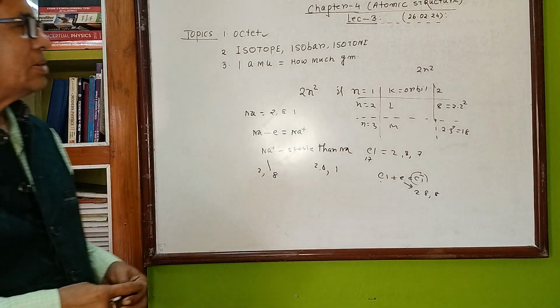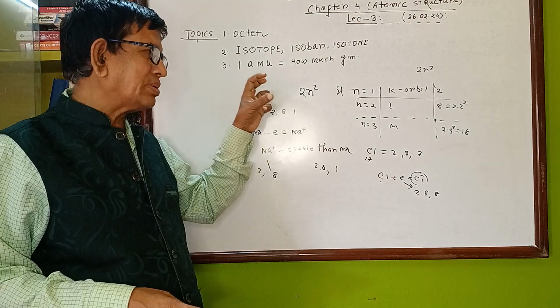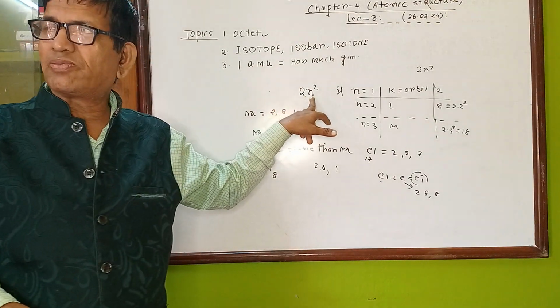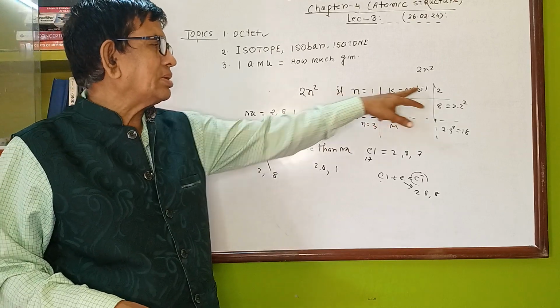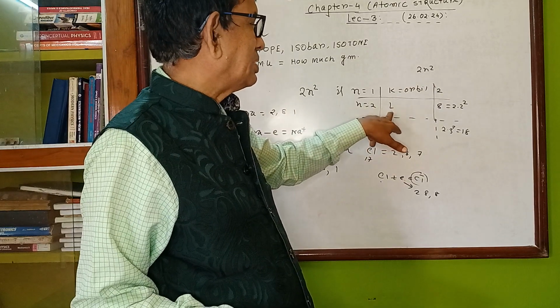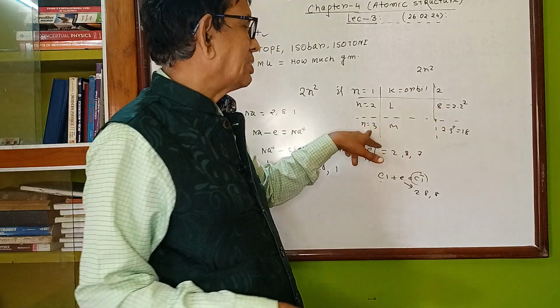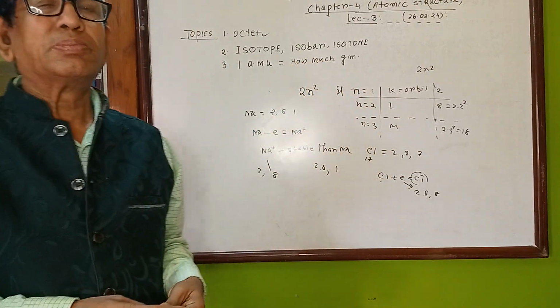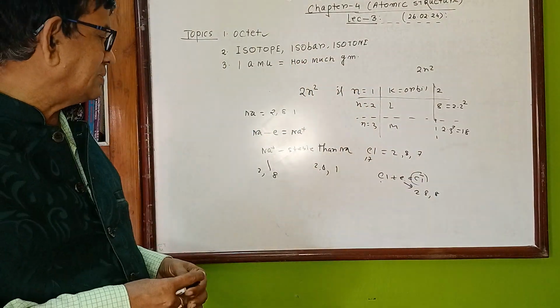Again I am telling the first basic concept of how electrons are distributed. The basic formula is 2n square: n equal to 1, K orbit, very close to the nucleus; n equal to 2, L orbit, 8; and n equal to 3, 18. Before the last orbit, the maximum number of electrons that can be accommodated is 18.